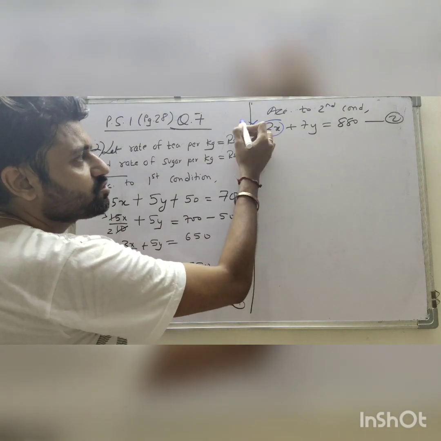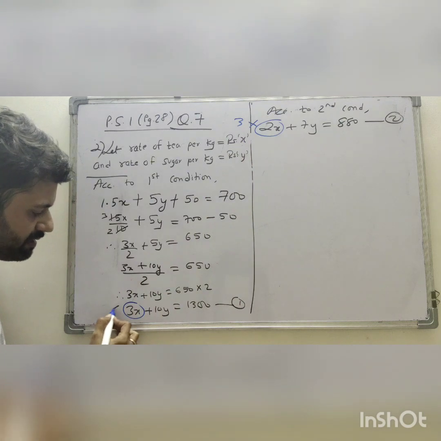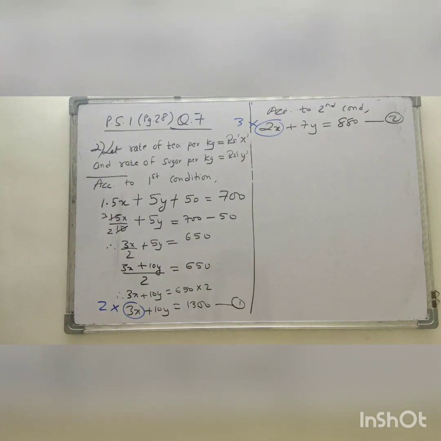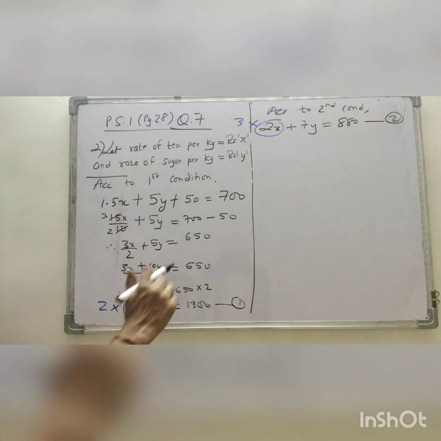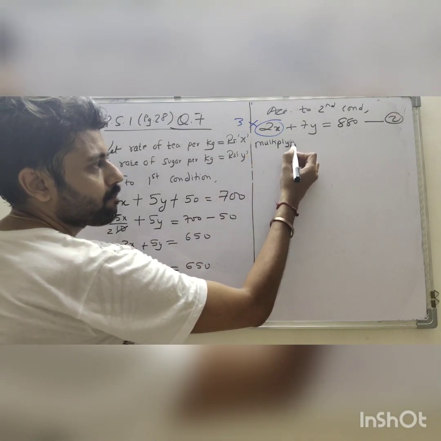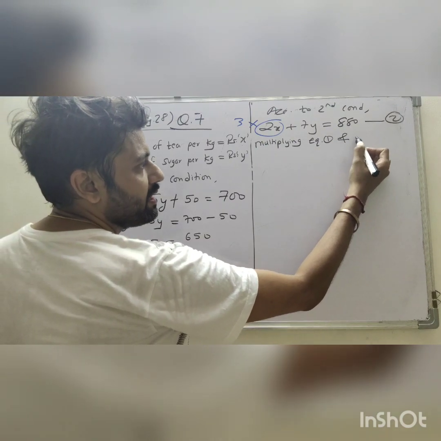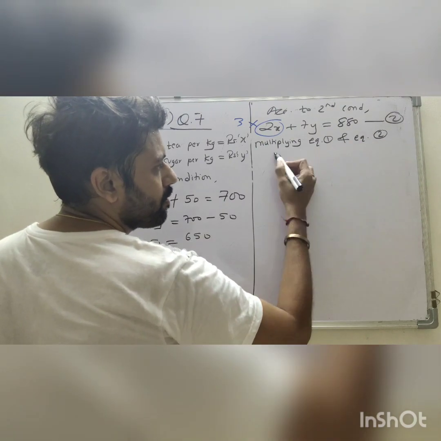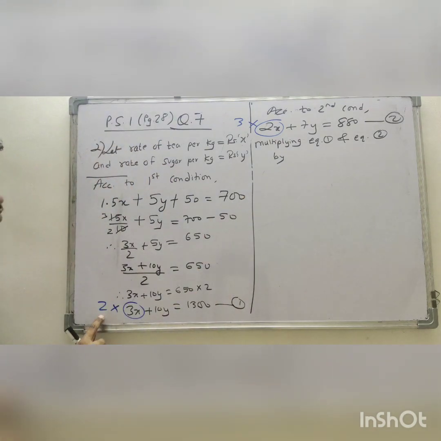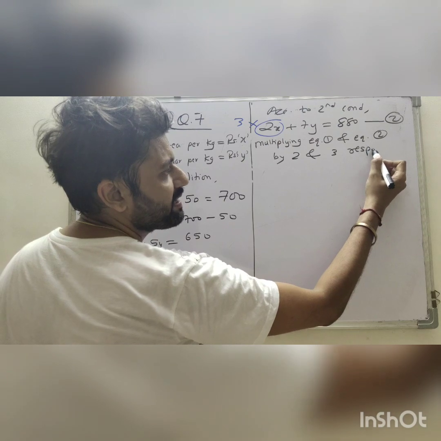I will multiply this 2 by 3, and this 3 by 2. So I will write: multiplying equation number 1 and equation number 2 by 2 and 3 respectively.